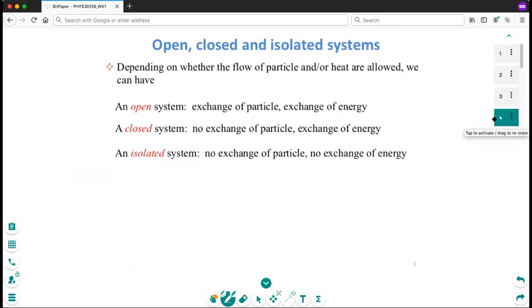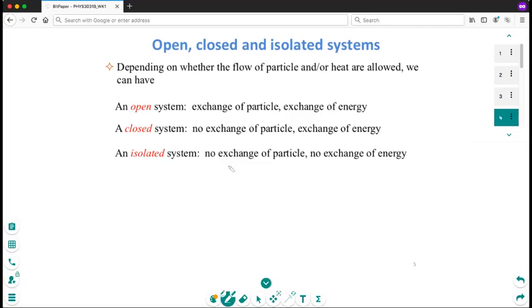Depending on whether you allow heat flow or particle flow, your system will have different names. An open system allows exchange of particles, and exchange of energy as well. A closed system does not allow the exchange of particles, but allows the exchange of energy. People sometimes get confused between these two.